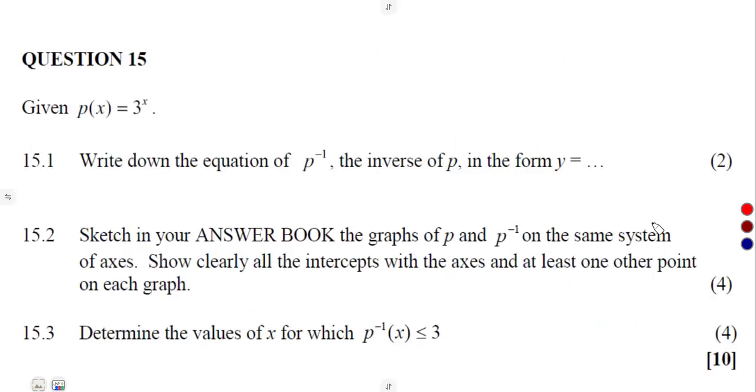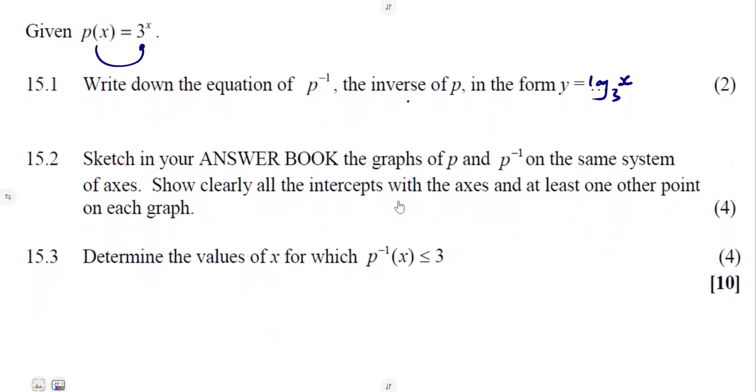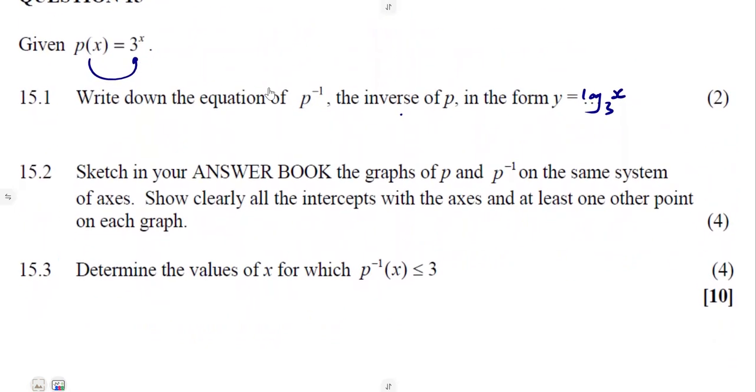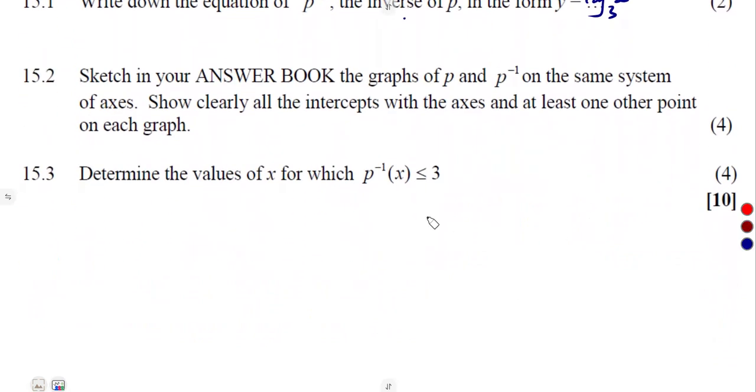All right. Another question. It was given here. P(x) is 3 to the exponent of x. Write down the equation of the inverse. I'm not going to waste your time, guys, going into the inverse. It was the logarithmic. Remember, from exponential, you're going to have a logarithmic. Then from there, they wanted you to sketch the original and the inverse, then answer this question here.